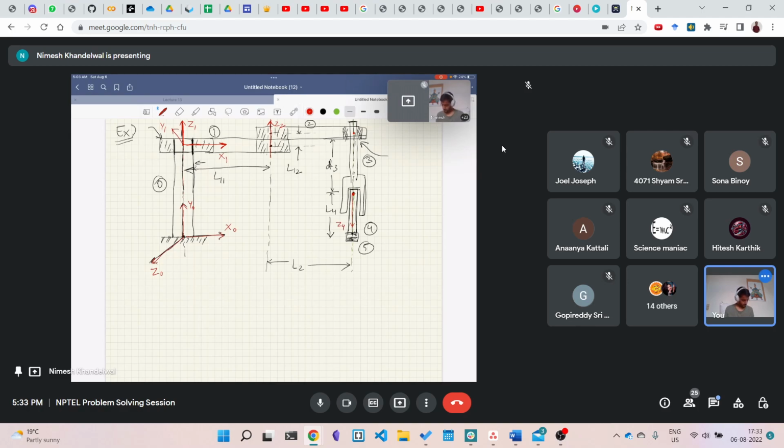I have to keep x and y perpendicular to the z, but there is no next z to align with z4, so I can choose this x4 and y4 arbitrarily. I choose it such that x4 and z4 are in the same plane, and this plane is the same as the 2D plane in which my problem is given.